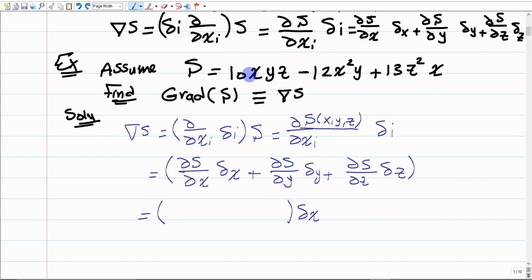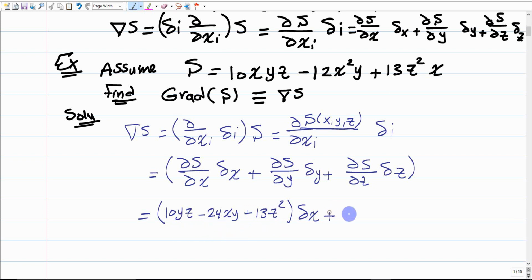For the first term, the derivative with respect to x gives us 10yz. Agree? The second term is negative 24xy. How about the third term, 13z squared x? It's going to be plus 13z squared. Remember that we did the derivative with respect to x.